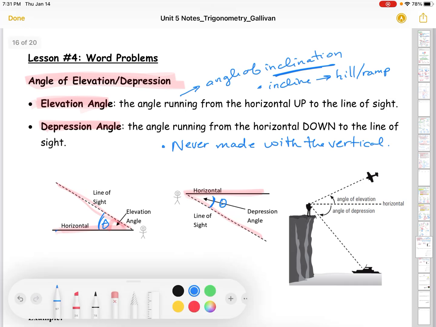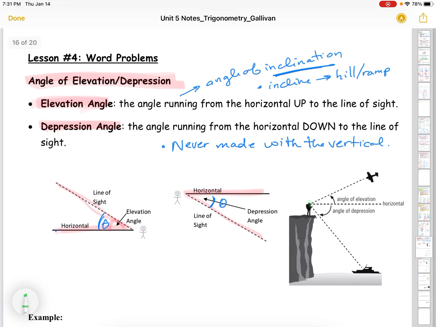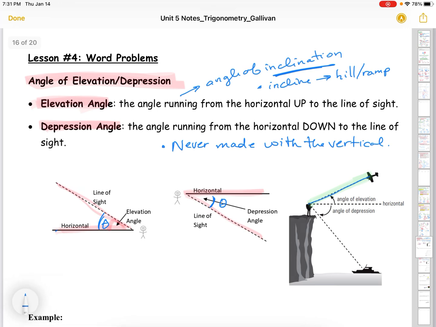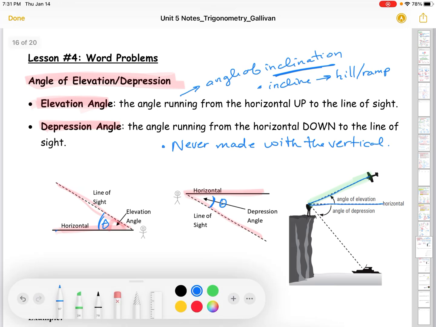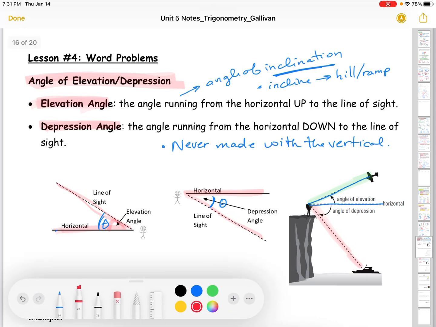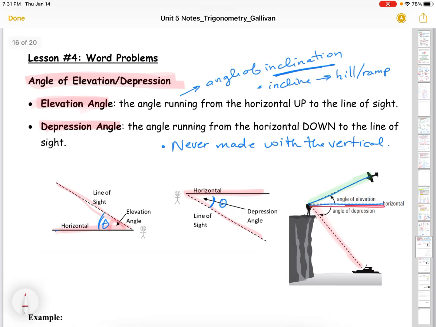Okay? Now, just to take a look here about angles of elevation and depression, if I have a man standing on a cliff, he might look up to see a plane. So that angle is made with the horizontal. Or he might look down, angle of depression, to see a boat. And that angle would be made with the horizontal looking down to the boat.